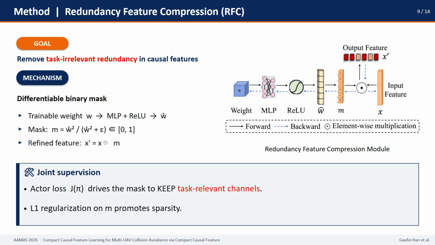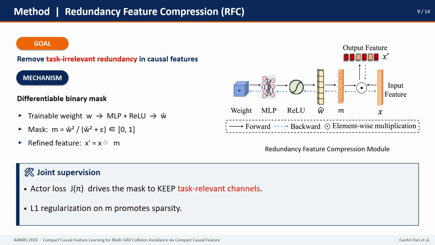Now the RFC module. Even after CFI, causal features may still contain task-irrelevant redundancy. RFC removes this with a differentiable binary mask. Given a trainable weight vector W, we pass it through a small MLP plus ReLU to get W hat. The mask is computed as W hat squared over W hat squared plus epsilon, producing values close to 0 or 1 in a fully differentiable way.